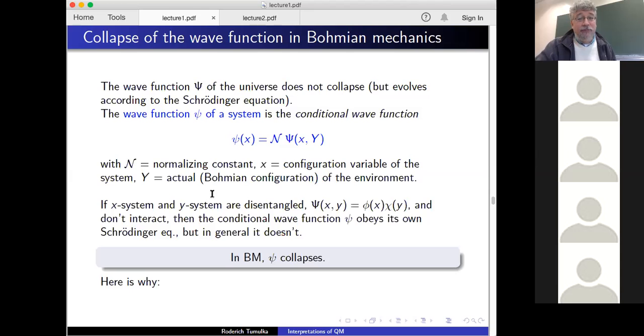Okay, now there are some cases in which the conditional wave function evolves according to the Schrödinger equation again. That is when the full wave function is disentangled, that is, if it factorizes, and if there's no interaction, so it stays factorized, okay, then the conditional wave function is actually the same thing as this first factor, and that will evolve according to some Schrödinger equation for fewer particles.